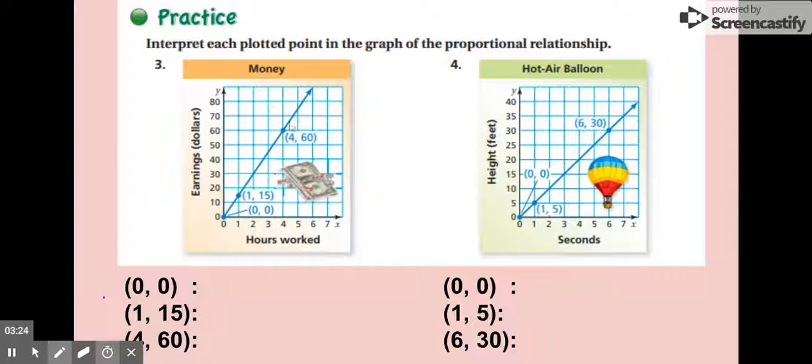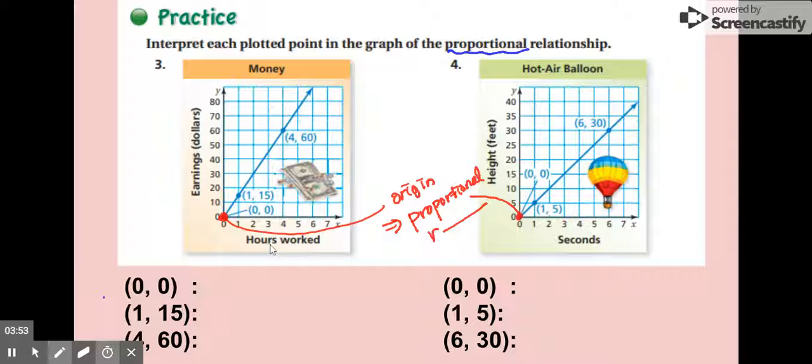Okay, we're going to interpret, and we already know that this is a proportional relationship because the line passes through the origin, which means it's a proportional relationship. So (0, 0) means what? If you look at the variables, y is earning dollars.